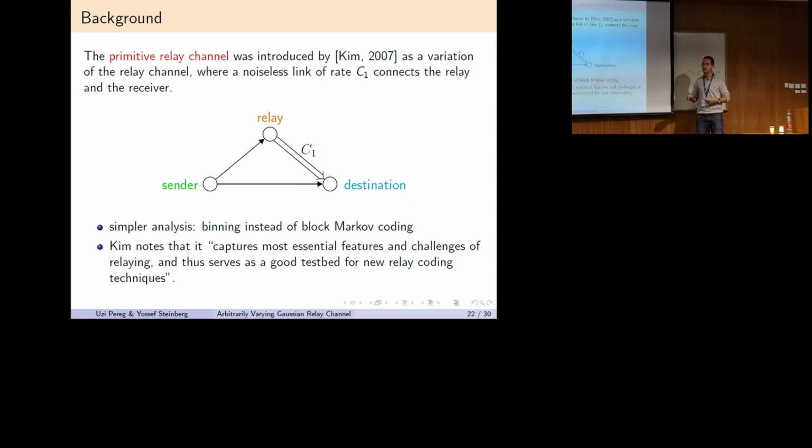Kim also notes in his paper, where he introduces the primitive relay channel, that it captures most essential features and challenges of relaying, so it can be used to test new coding schemes, and practically it has the same behavior. Now we are going to show that this is not true in the arbitrarily varying scenario. That is, the primitive relay channel here is going to have a different behavior compared to the classical non-primitive relay channel.